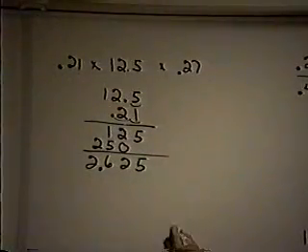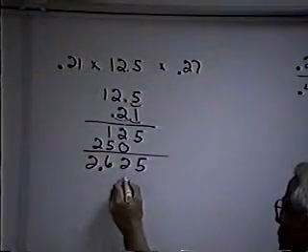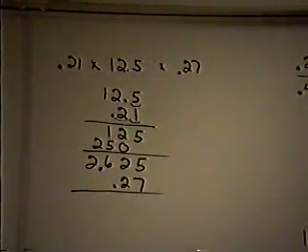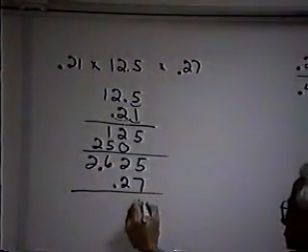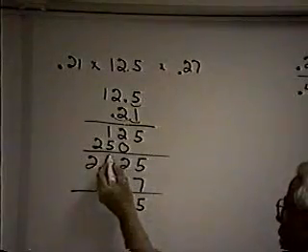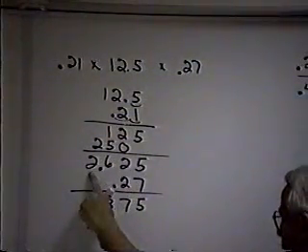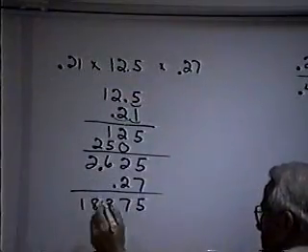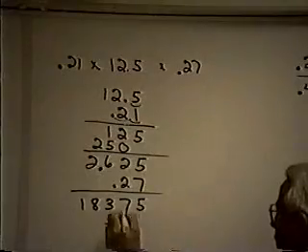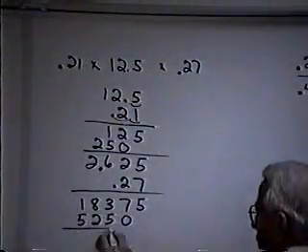All right, now we're not through with this. We now have to take this answer and multiply it by 0.27. So multiplying by 7, we get 35, carry my 3, 14 and 3 is 17, carry my 1, 42 and 1 is 43, carry my 4, 14 and 4 is 18. 2 times 5 is 10, write 0, carry my 1. 2 times 6 is 12, plus 1, and so I add.